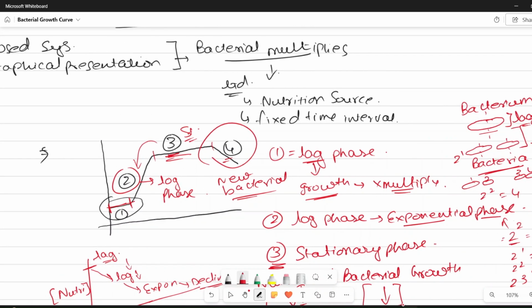Okay. So this is the reason why we can observe the different types of phases in the bacterial growth curve. So there is a mechanics behind it, and that mechanics involves the identification of several factors which are used in biotechnological applications, and it is also used for medical microbiology applications, which can assist the researchers or the companies to formulate various types of products accordingly.